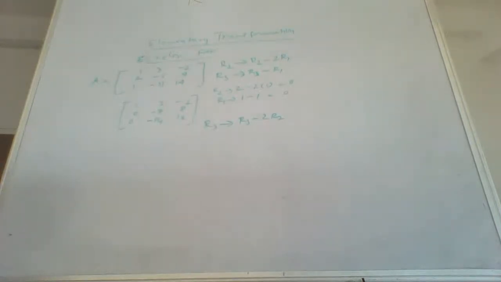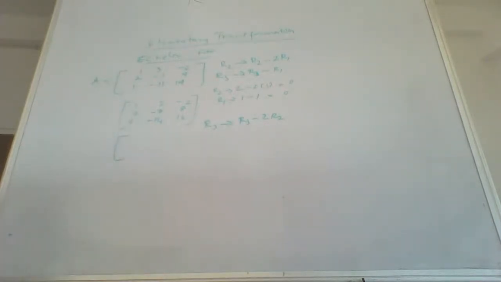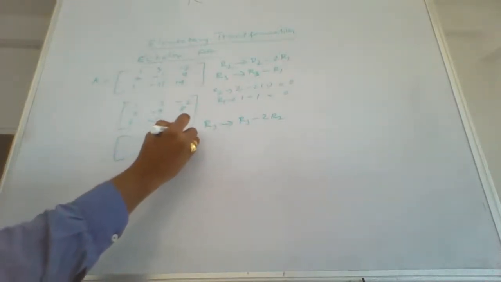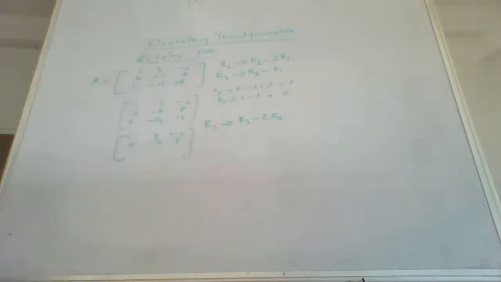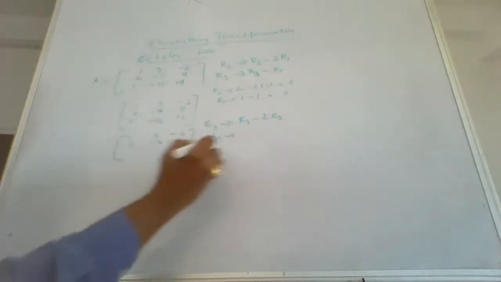How do we do it? This has to be implemented on row 3, so the other two rows are kept as they are. Let us see how row 3 becomes 0.